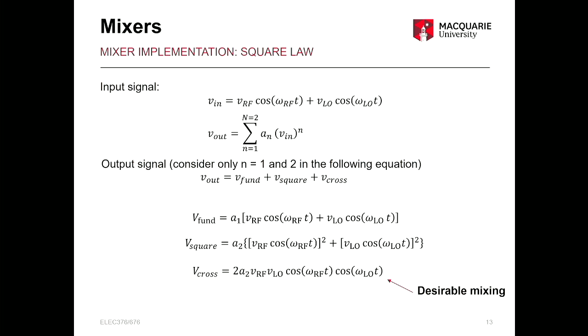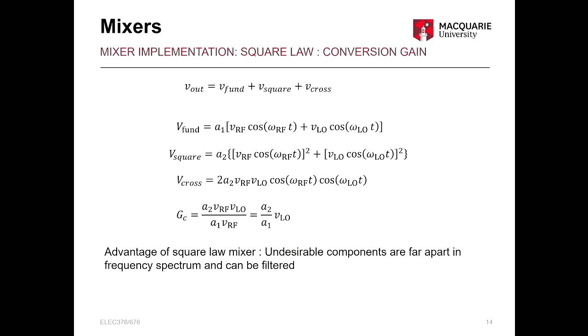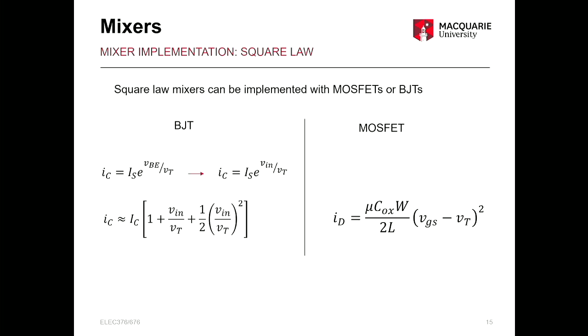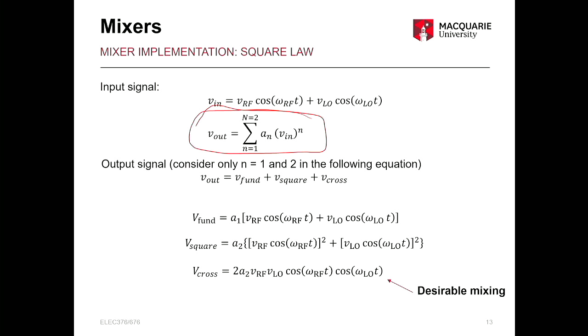So usually when you talk about a mixer, you write the output in sigma form, sigma n equal to 1 to infinity a_n V_in to the power n. In this square law device, the top is n equal to 2, so it has only two terms, n equal to 1 and n equal to 2.